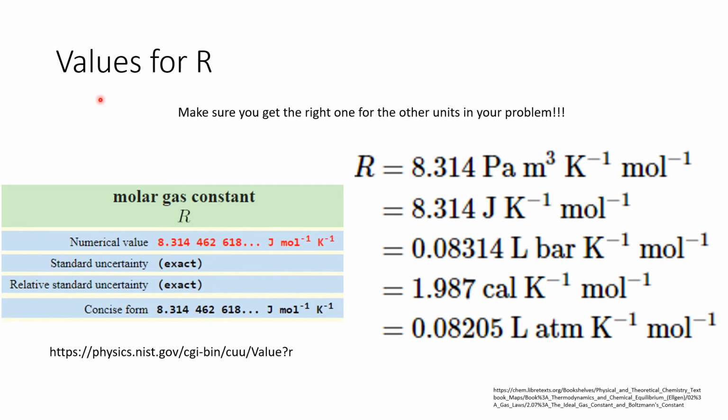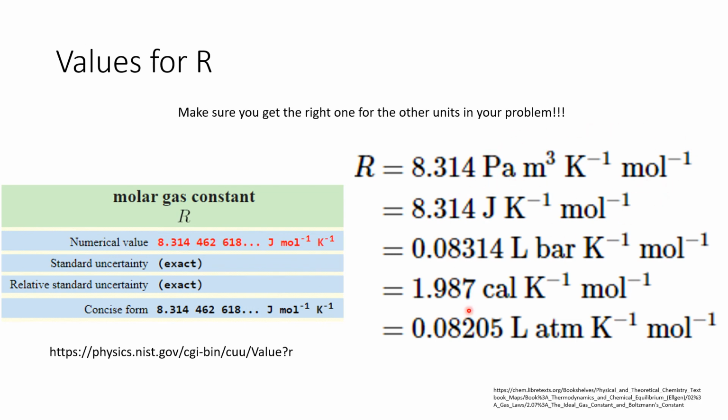So a problem that we run into is there are different values for R. Now, I just said that R is constant throughout the universe. Sometimes this confuses my students when I say R is constant and there are different values, but really the only reason there are different values is because we're using different units.